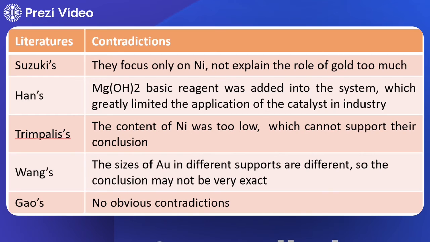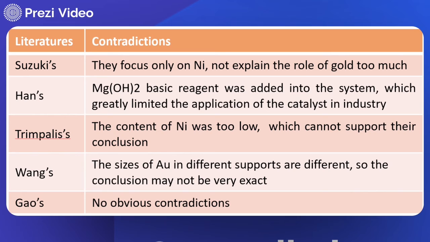So their catalyst has no practical meaning. For the Trimpalis experiment, the content of nickel was too low, only 0.005% by weight, which cannot support their conclusion. I think they need to do more experiment with a series of nickel content.